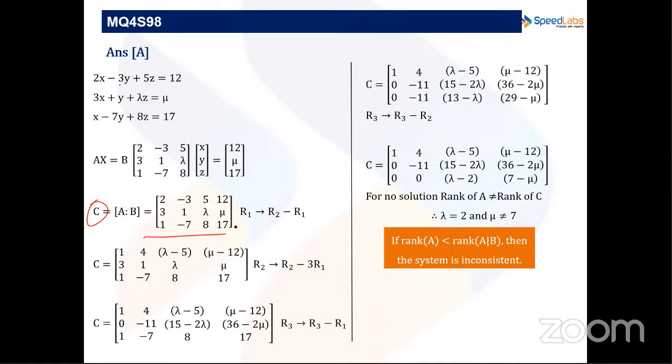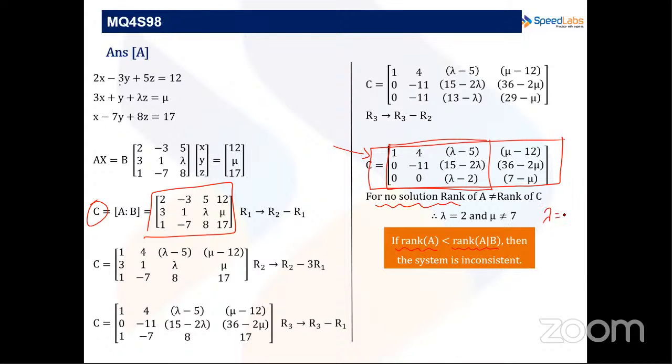So we will find the C in here, then we will apply the operations. See, this is the same one, so we will apply the operations and get the same matrix C. Okay, we are just going through the other concept of no solution. So for no solution, rank of A should be less than rank of the augmented matrix. So rank of A should be 2. So for rank of A to be 2, lambda should be equals to 2. And if mu is equals to 7, then rank of C will be 2.